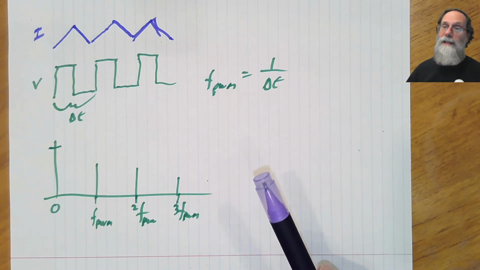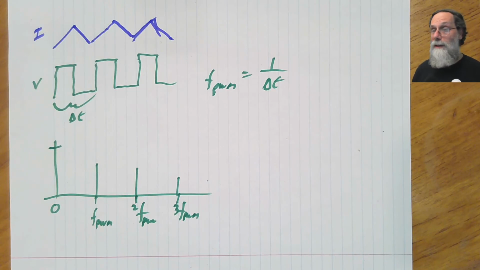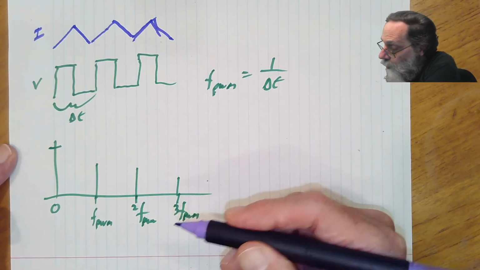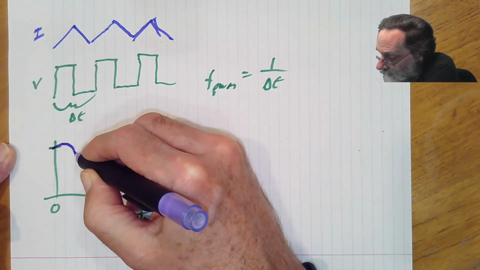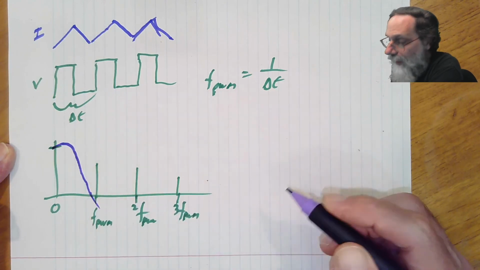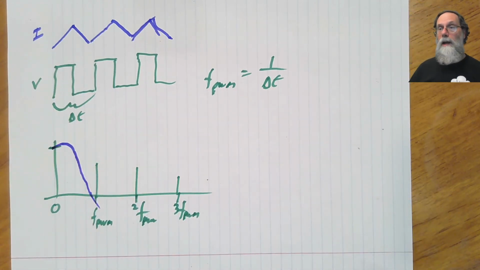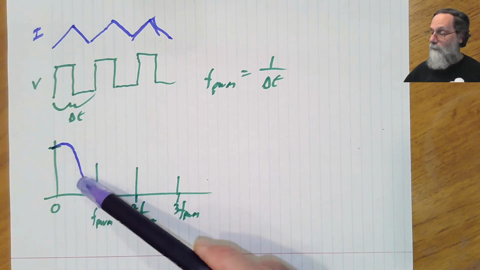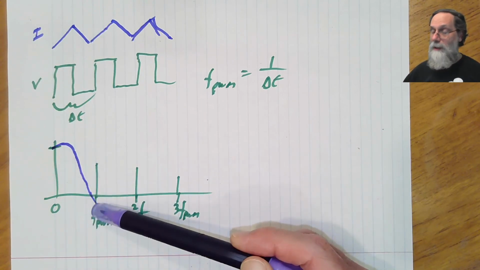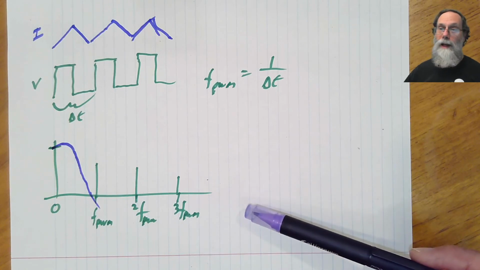Anything above that is going to get aliased to something as if it was lower. So we just need to put in a low-pass filter, just like we would for any other digital to analog conversion, to get rid of stuff at the PWM frequency and higher.